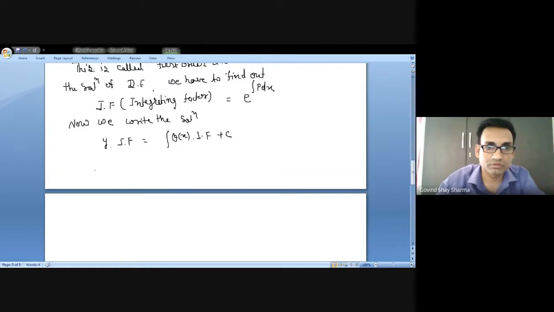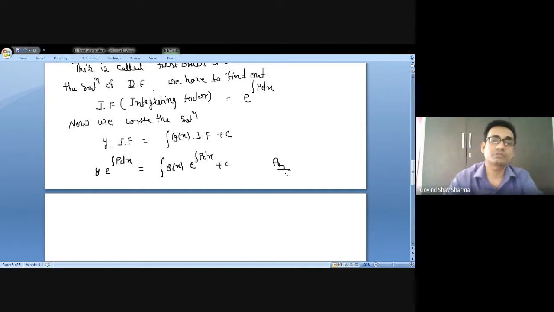So the solution is y e to power integral p dx equals integral of q x e to power integral p dx. This is the solution of the linear differential equation.